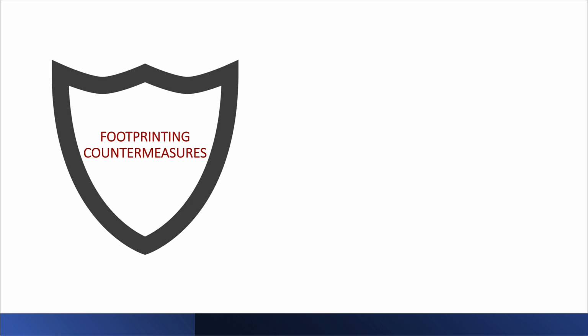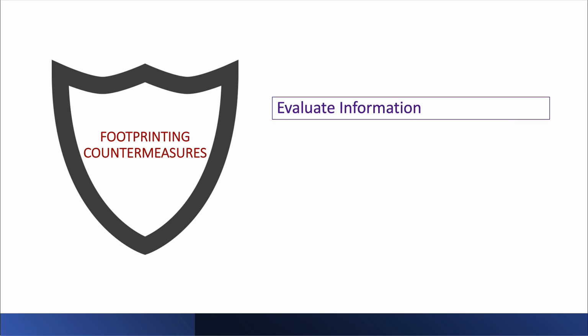Finally, what are the countermeasures that we can do as the blue team to defend against footprinting? Number 1, always evaluate the information before you publish it, which means look at your information, ask yourself, is it public, is it private, is it confidential?